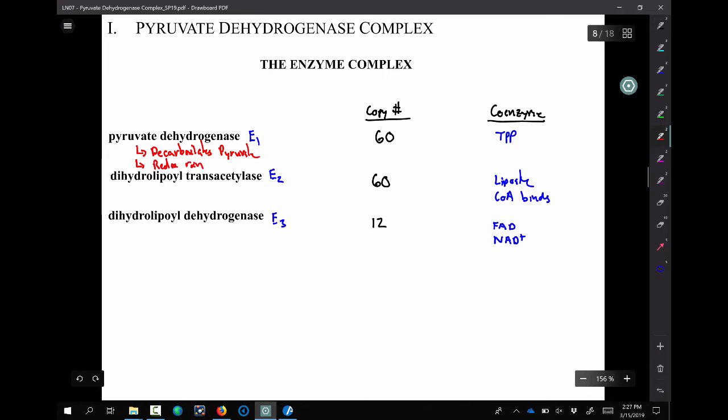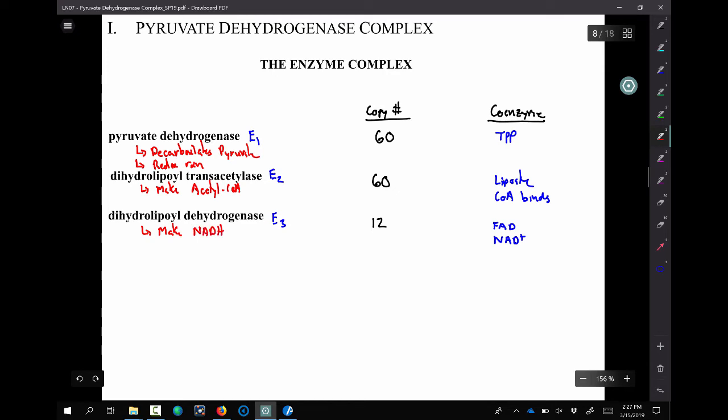So those are the two things that we will observe as we move forward: decarboxylation of pyruvate and then a redox reaction. The transacetylase is going to make acetyl-CoA. And then finally, dihydrolipoyl dehydrogenase is going to make NADH.